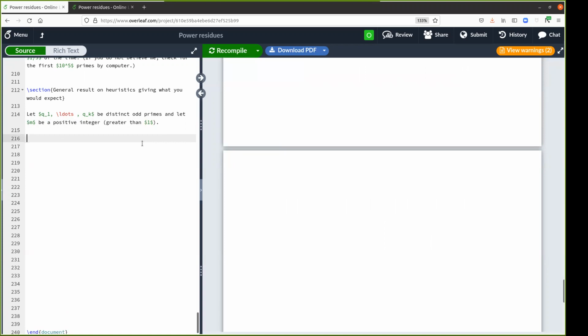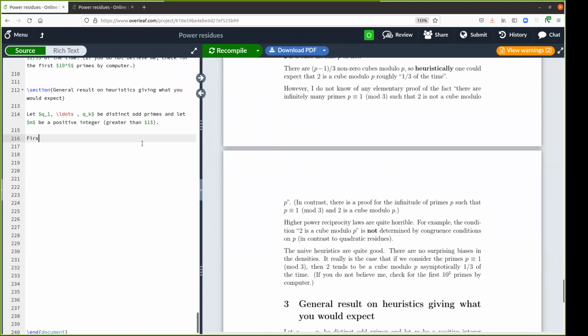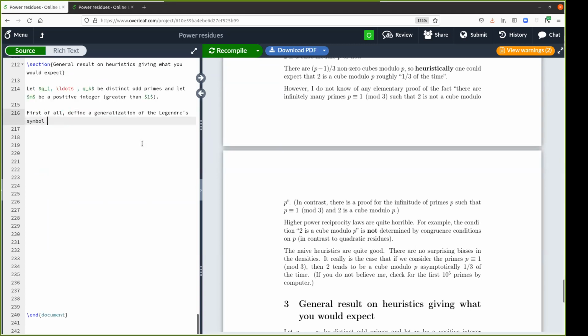First of all, I need a generalization of the Legendre symbol for higher powers. So we of course consider primes p equal to 1 modulo m.